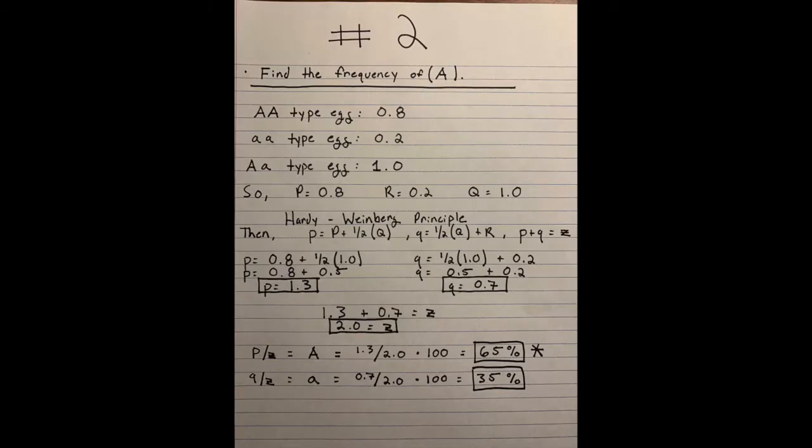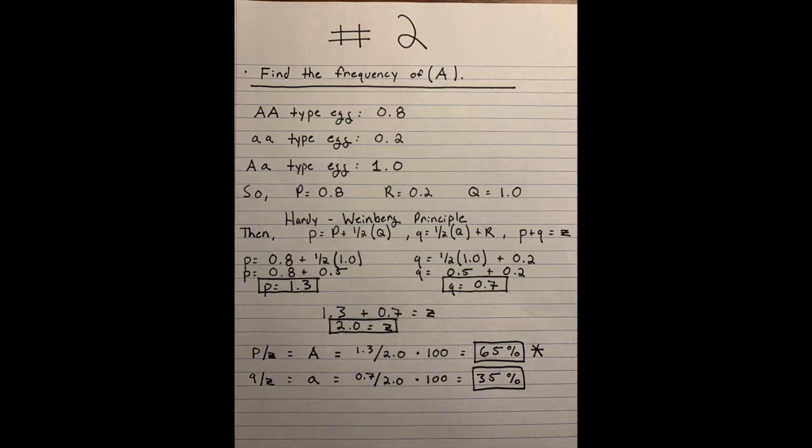Problem 2 says to find the frequency of allele A in the adult population if a homozygous dominant type has a probability of 0.8 of mating and a homozygous recessive type has a probability of 0.2 of mating, but a heterozygous type has a probability of 1.0 of mating.